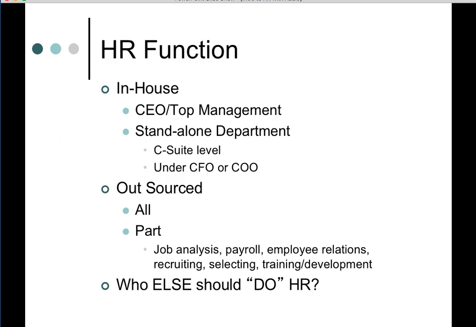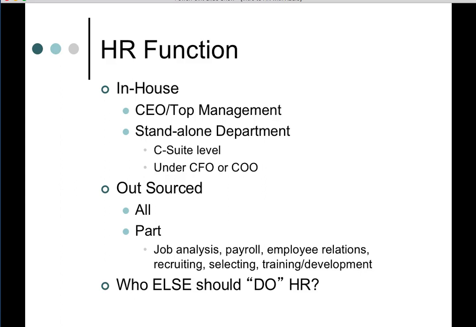The basic difference between the two, why you might see one versus the other: when an organization really values human resource management and they're engaged in investing in their employees, in terms of their strategies and in terms of what they need for training and development, that company is more likely to have somebody at the C-suite level because they really do value the impact that the C-suite title gives to HR.